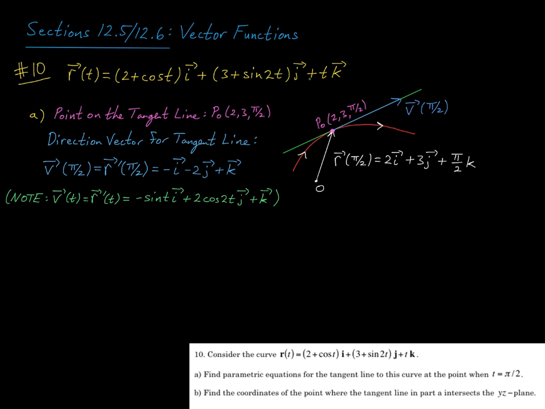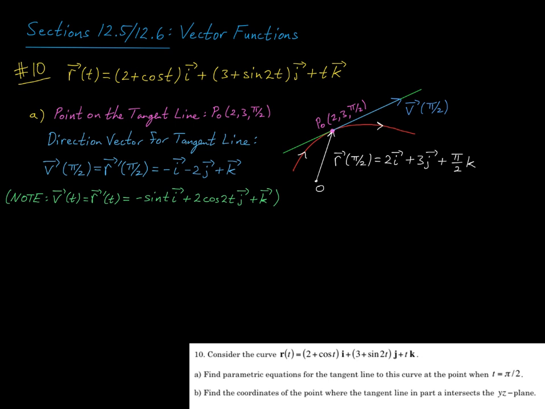Well, if we just differentiate component-wise, you get negative sine t i plus 2 cosine 2t j, don't forget the chain rule factor, plus k. If you plug in pi over 2 for t, you're going to get negative i, and then here you're going to get 2 cosine of twice pi over 2, so really a cosine of pi, which is negative 1, so you get negative 2j, and then here you get plus k.